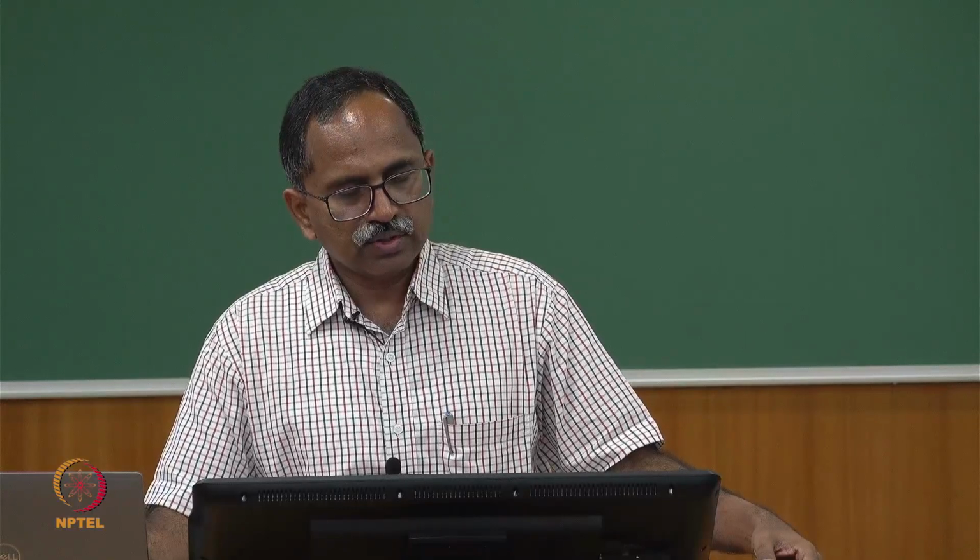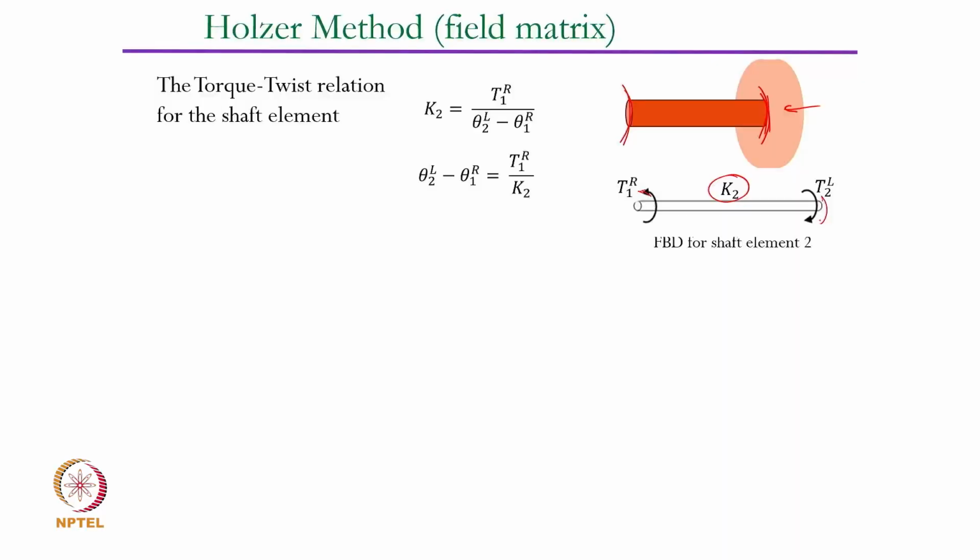Now this is a static force balance. So the torque twist relation, we all know that the torsional stiffness will be given by torque divided by the net twist in the shaft, that is theta 2L minus theta 1R, because if this is disk number 2, then there will be another disk here which is disk number 1.